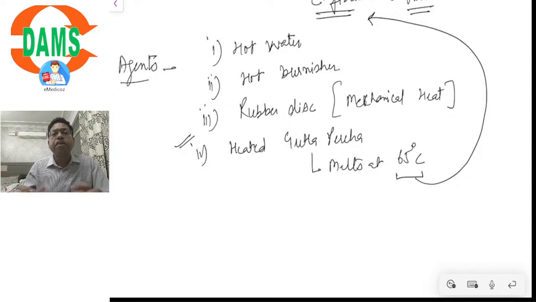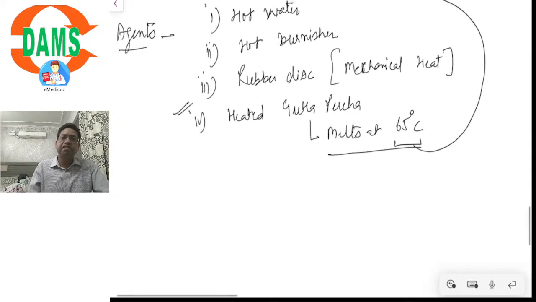We do not require any special instruments and materials for testing of the pulp via stimulation of C fibers. So heated gutta percha, because it has a melting point of 65 degrees Celsius, and this is the temperature required for stimulation of C fibers, is one of the simplest and most effective methods of heat application.